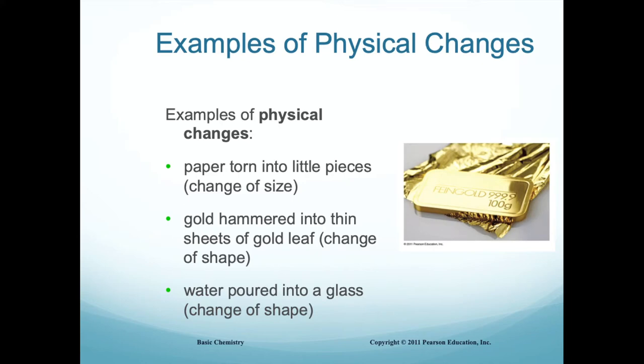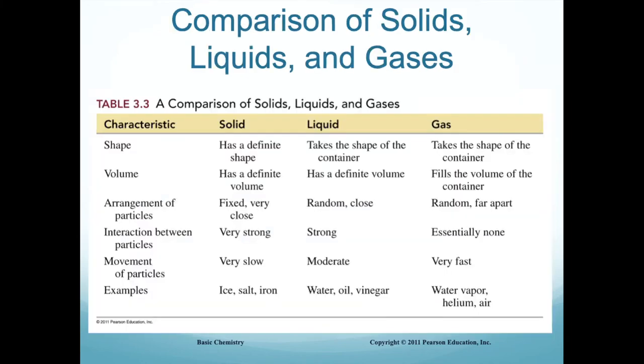If you pour, let's say, water from one container into another, its shape is changing because it's taking up the shape of the container it's in. And of course, as I mentioned earlier, the changing of physical state by melting or boiling, those are also examples of a physical change.